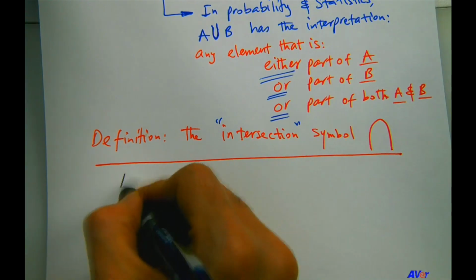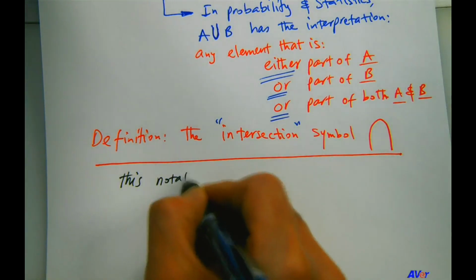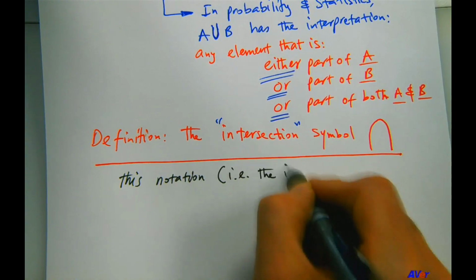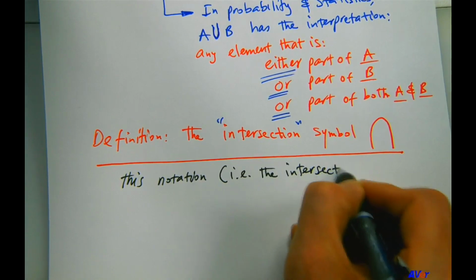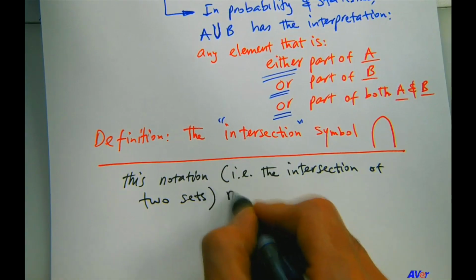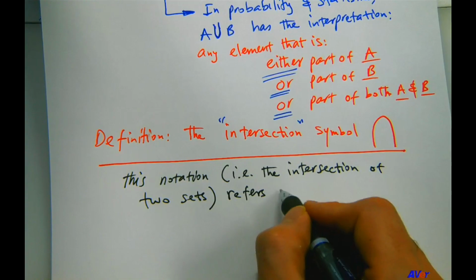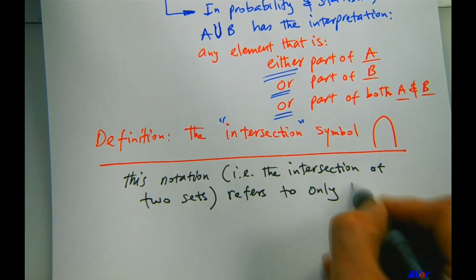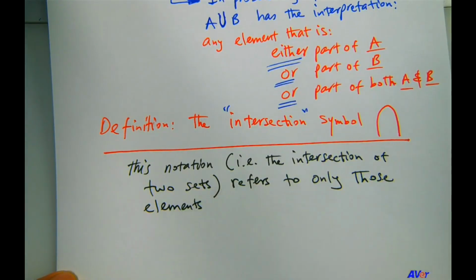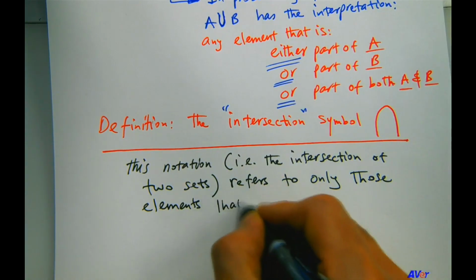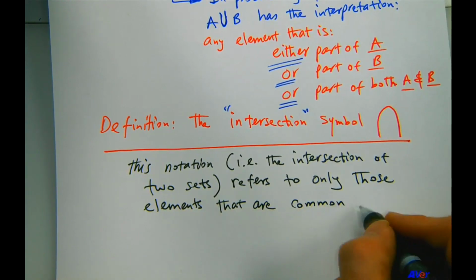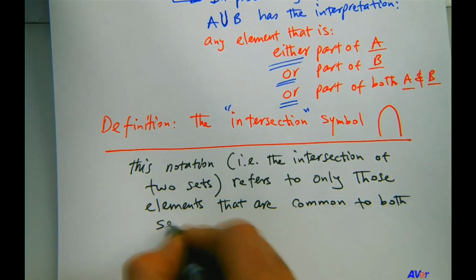So only those elements that are common to both sets.